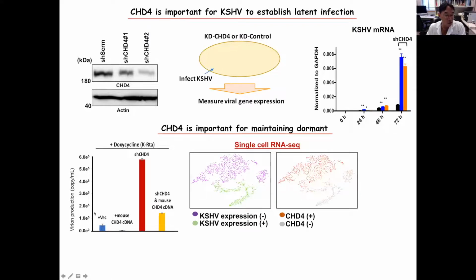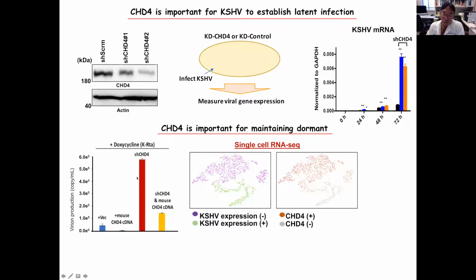What we found is that, compared with the control, overexpression of CHD4 significantly inhibits KSHV reactivation. Then when knocking down CHD4, you can enhance reactivation about 20-fold. And then when putting back the mouse CHD4, it again inhibits KSHV reactivation.